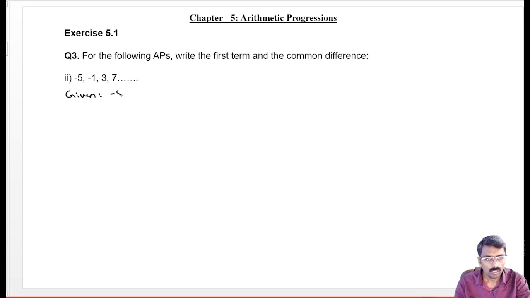Next sub question, what is given here? Given minus 5 comma minus 1 comma 3 comma 7 are in AP. So first term A, that is equals to minus 5. This is our first term.